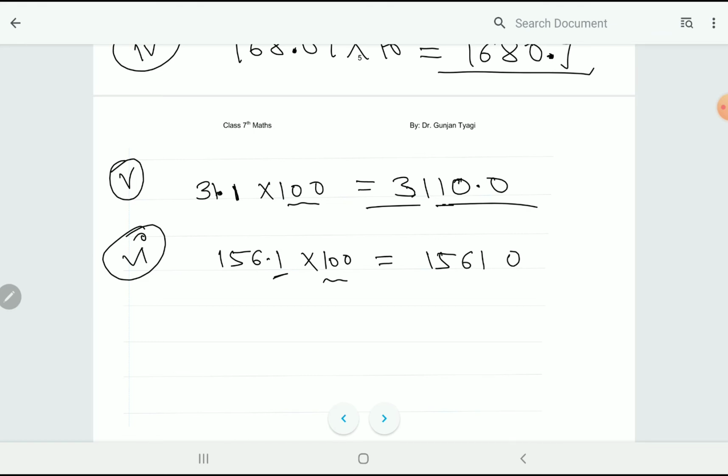There is only one number at the right side of decimal, so I will write 0. सो डेसिमल यहाँ पर थी, तो वन प्लेस यहाँ शिफ्ट हुई, सेकंड प्लेस के बाद यहाँ शिफ्ट हुई, तो आपके आंसर में डेसिमल यहाँ पर होगी. It is 15610.0. This is the answer.